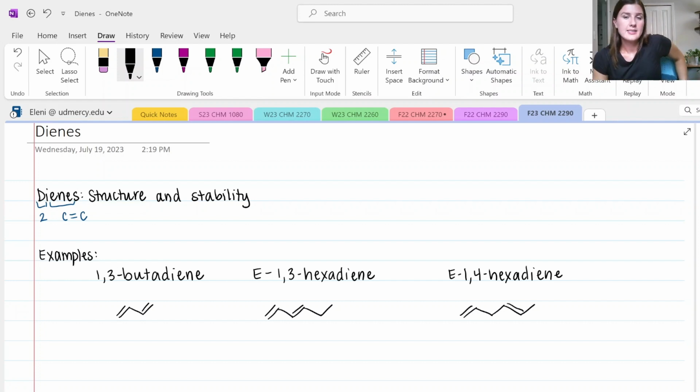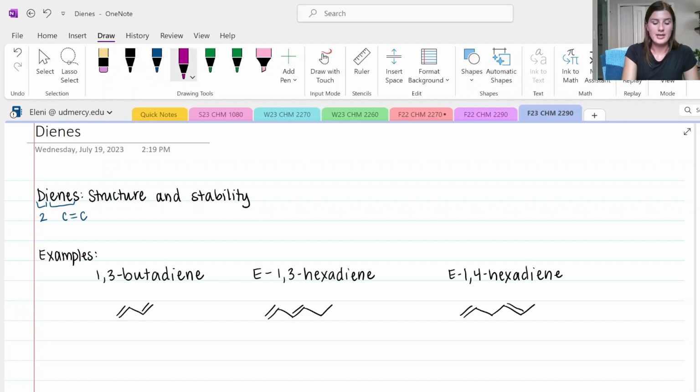So dienes represent a specific group of molecules that have a specific property we'll call conjugation, and I'll explain what that is. Whether or not the molecule has conjugation depends on where the double bonds are in the molecule.